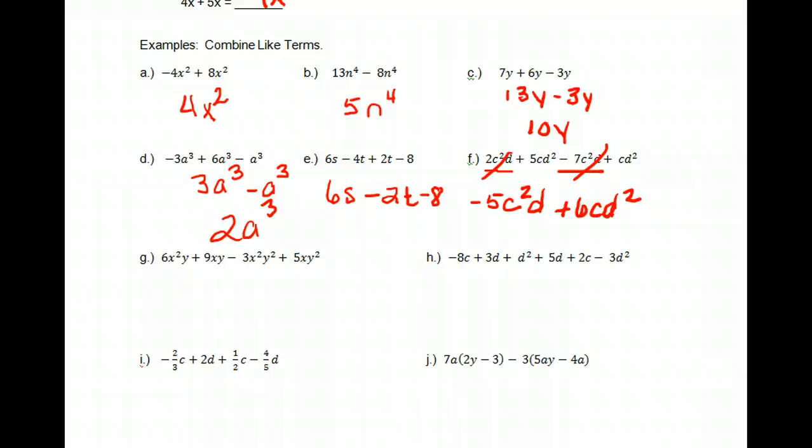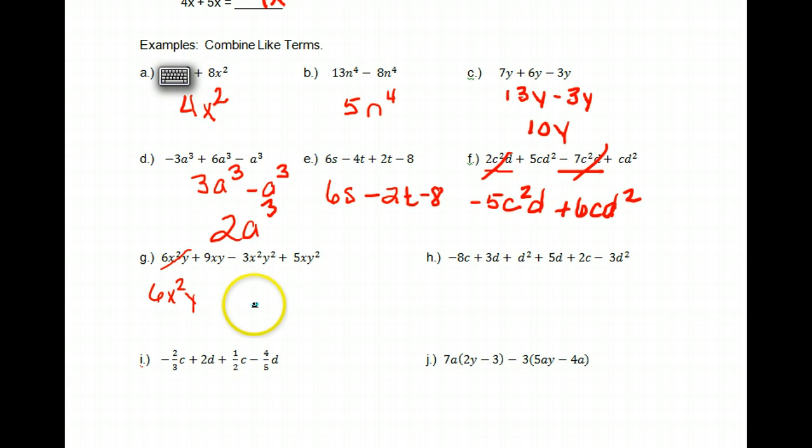Okay, as you are looking at letter G, you will notice that as you look for another x squared y, there are none. So we can simply bring 6x squared y down into our next line.